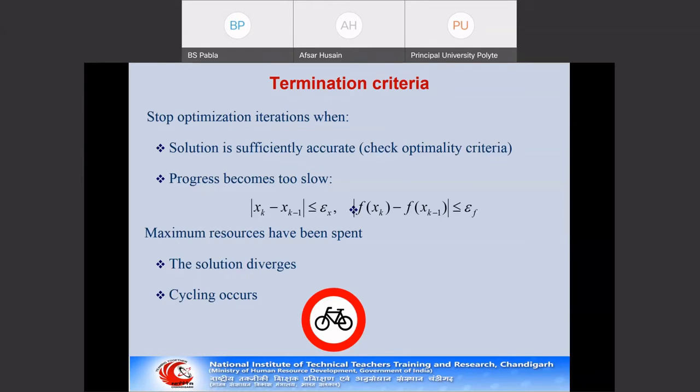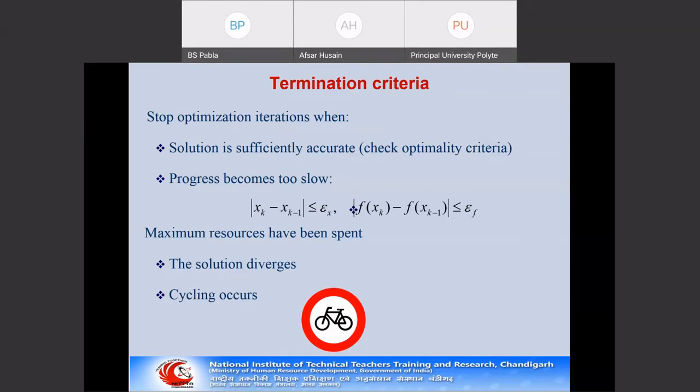If the difference between them is very small, let's say you are trying to improve the profit, and the difference between current value and new value is less than 1,000 rupees, you say, okay, I am not bothered. I will stop it. I will not work on it more. And I will say, now this is my optimum. So when to stop iteration is very important.